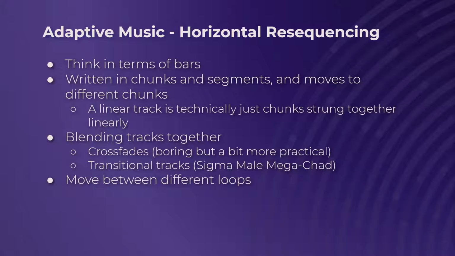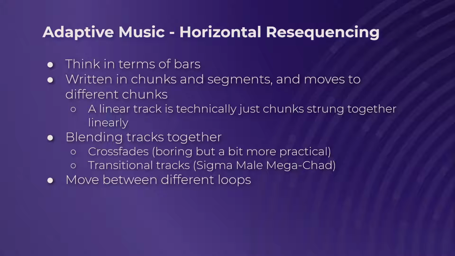So, first things first, we're going to look at horizontal resequencing. And if you have any knowledge of music, just think of this in terms of bars. So you have the first four bars of a piece, and then after that, the next four bars, and so on and so on. Each of these bars, think of them as chunks of a song, or even like a verse, chorus, bridge sort of thing.